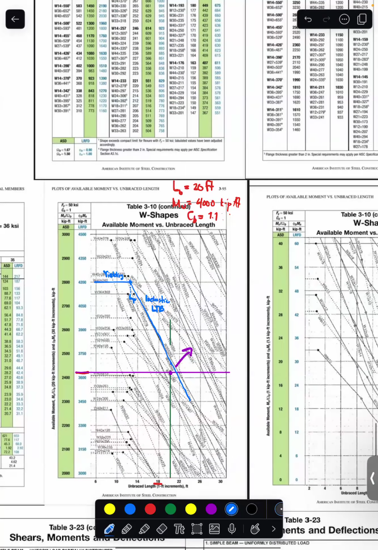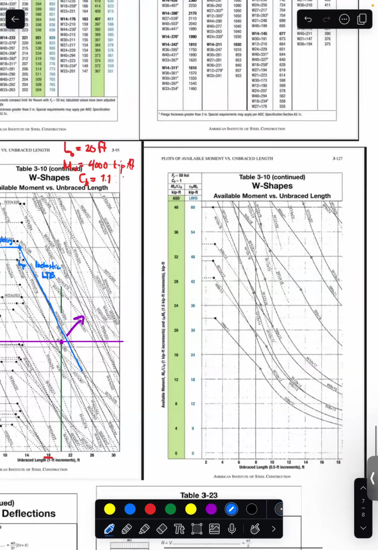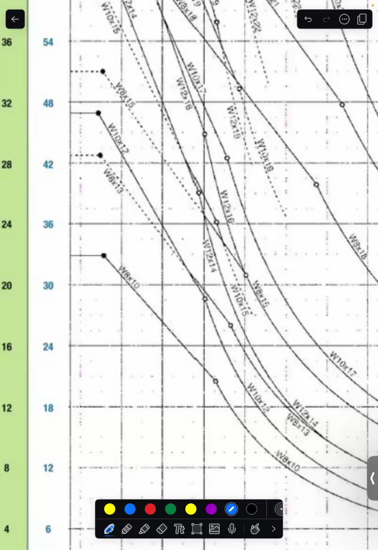So, ano pa ang difference? Meron kang ganito. So, to highlight lang, meron kang solid na dot. So, ito yung inelastic LTB. Ito yung fast yielding. Tapos dito, meron kang elastic LTB.